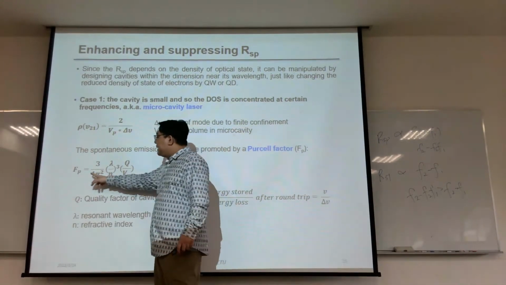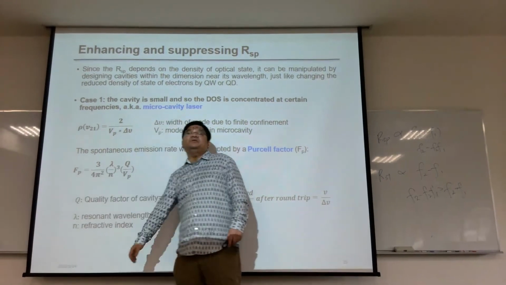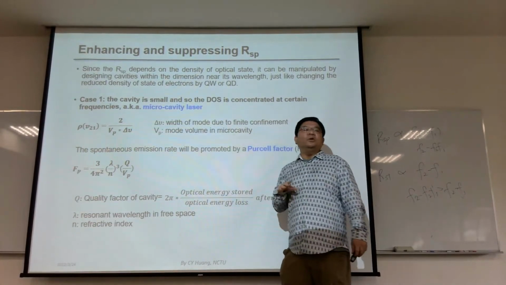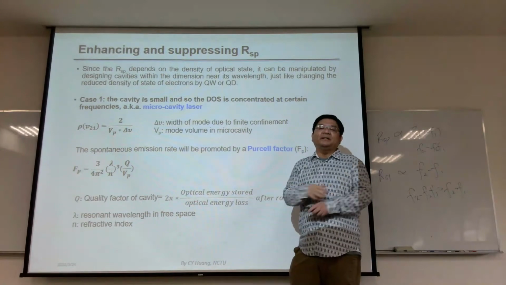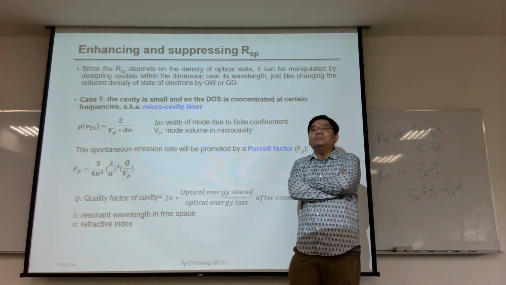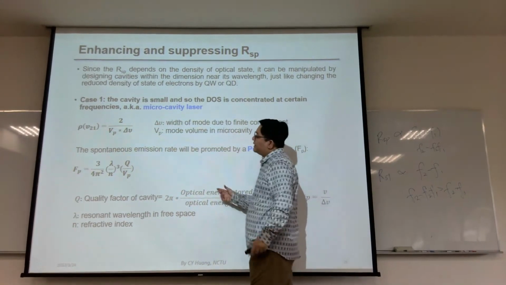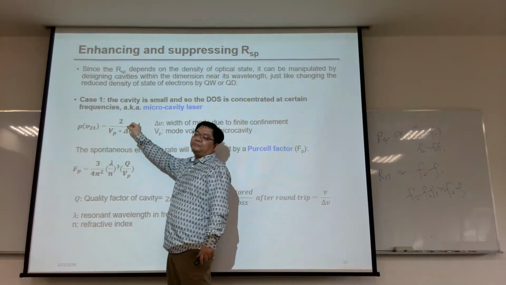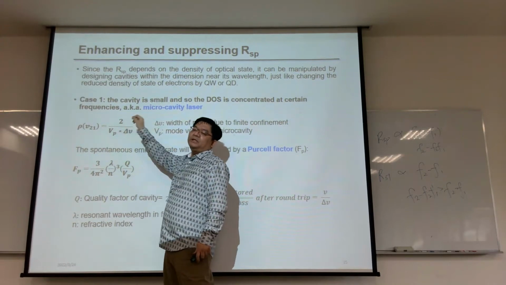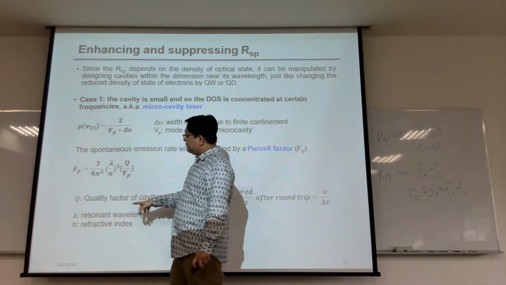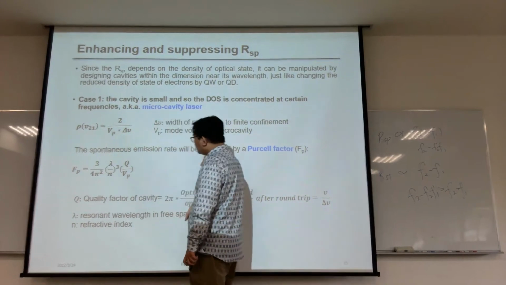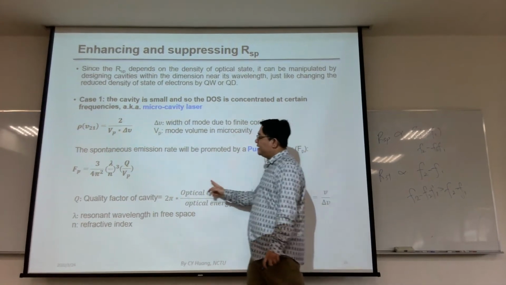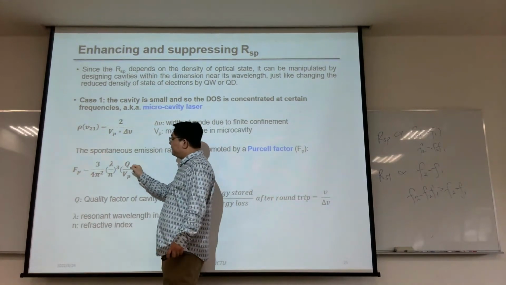The Purcell factor means how much the spontaneous emission rate is enhanced. If it is 1, that means no enhancement. It's just like the spontaneous emission rate in the bulk material. But if you make the cavity small and fit your interested wavelength, the Purcell factor tells you your spontaneous emission rate will be enhanced so many fold.